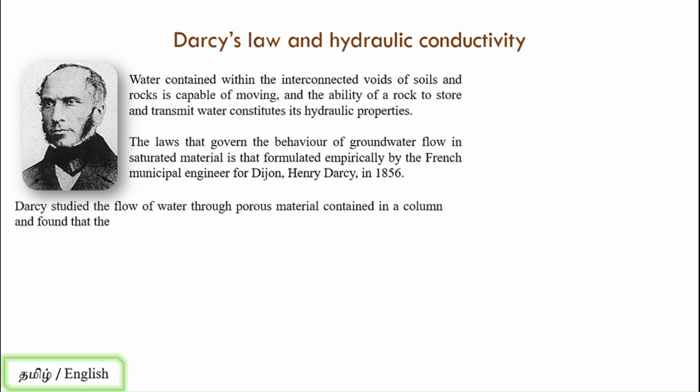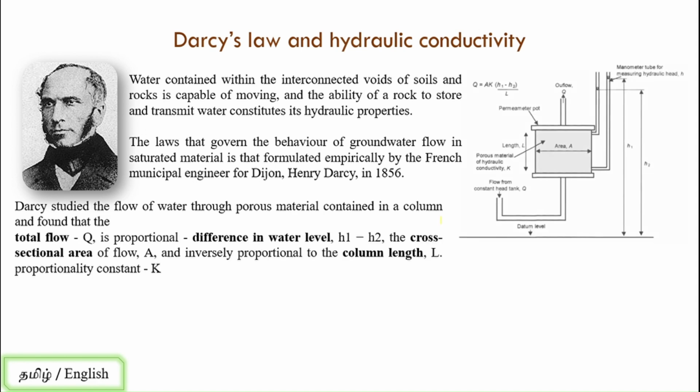So Darcy studied the flow of water through porous material contained in a column and found that the total flow Q is proportional to the difference in water level, that is H1 minus H2, and the cross-sectional area of flow, that is A, and inversely proportional to the column length L. So this is his apparatus. What he is doing is sending the water with high pressure here, right?